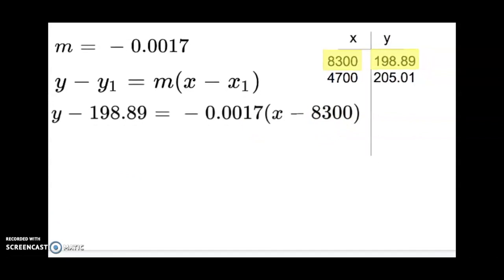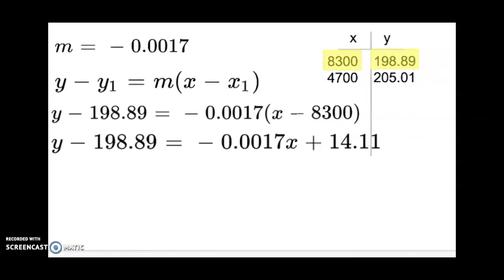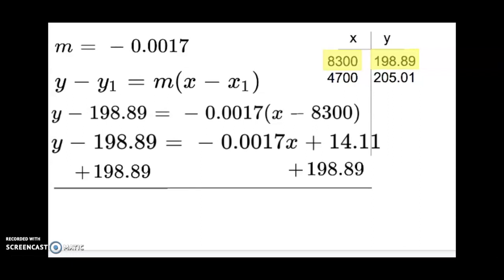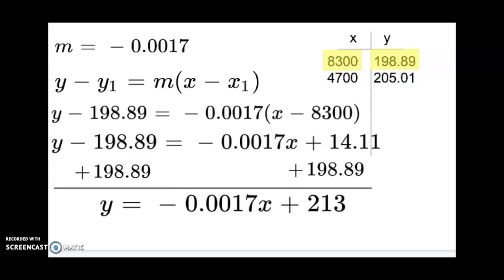First I distribute the negative 0.0017, and then I will add 198.89 to both sides, and I'll get y equals negative 0.0017x plus 213.